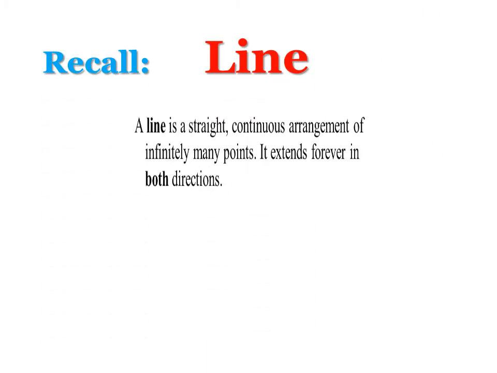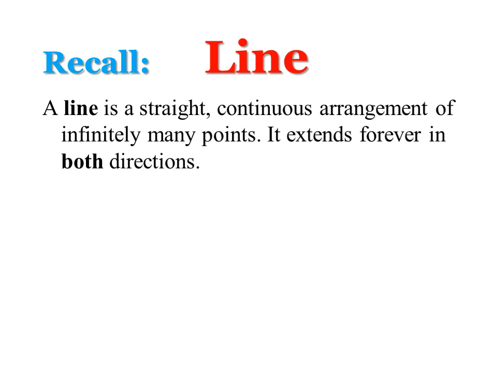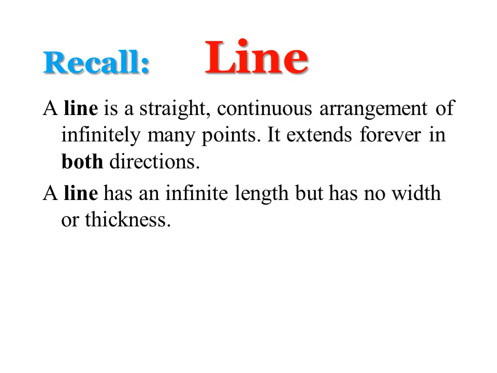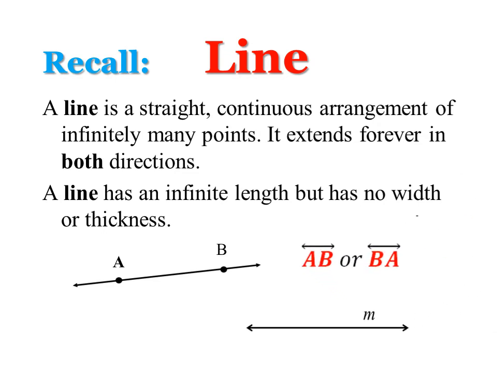So if we say line, it is a straight, continuous arrangement of infinitely many points. It extends forever in both directions. It has an infinite length but has no width or thickness. Again, in naming a line, you can use 2 points on the line, capital letters only, or you can also use a small letter on the line.